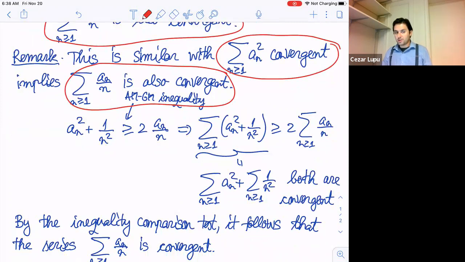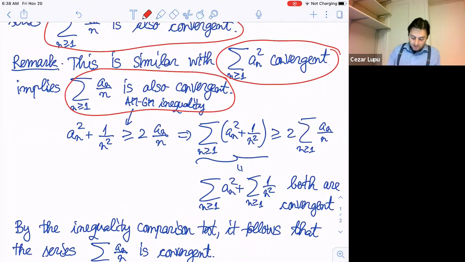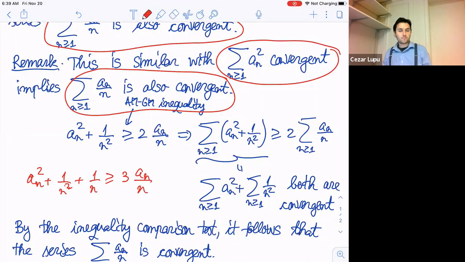You're tempted to use the same idea: maybe I could use a_n squared plus 1 over n squared plus 1 over n, and when I apply the AM-GM, I have 3 a_n over n. So why not use a similar approach?